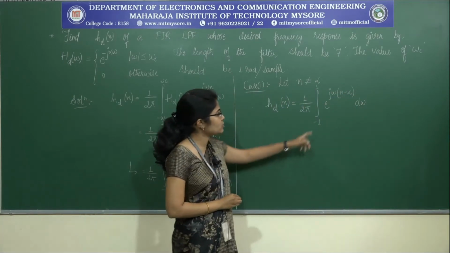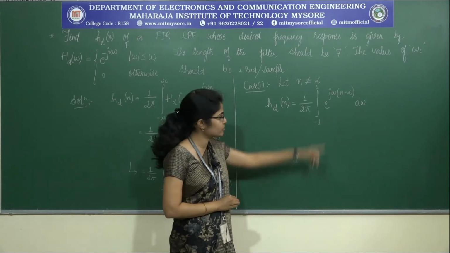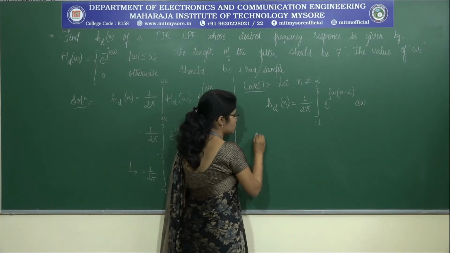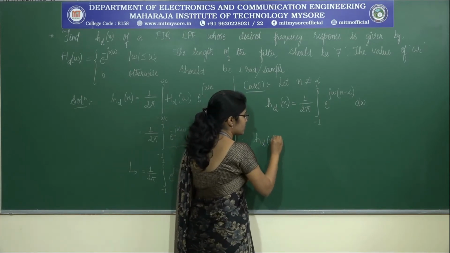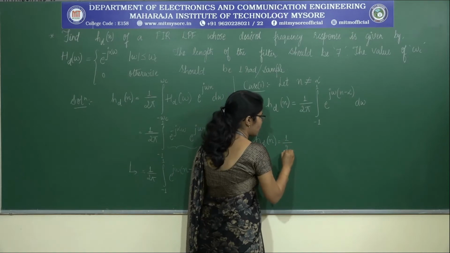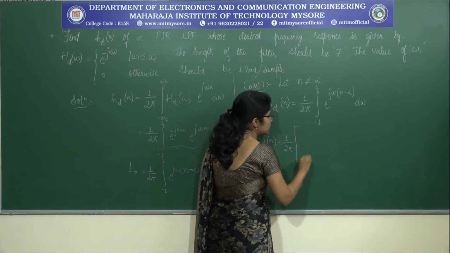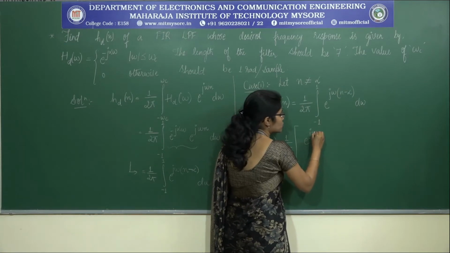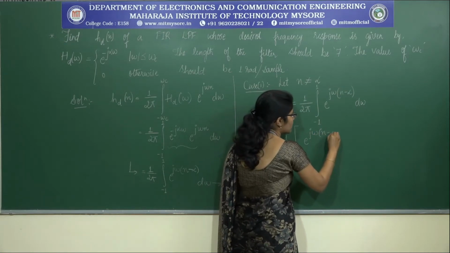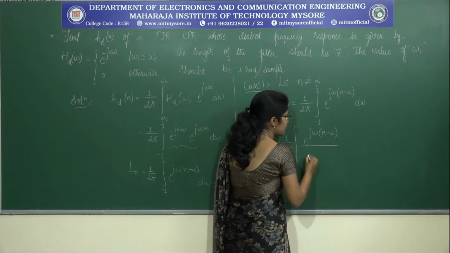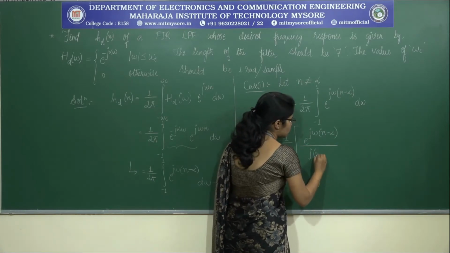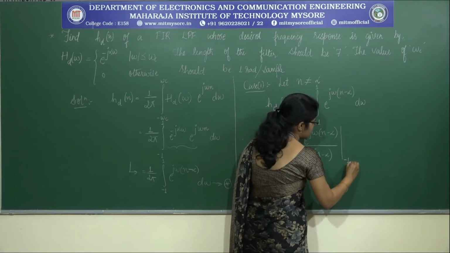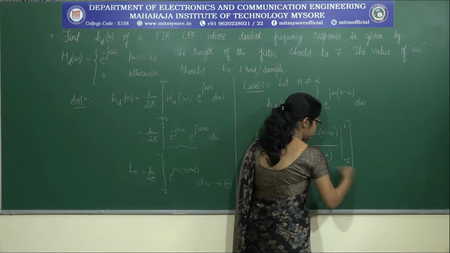Now, I should integrate this exponential term with respect to omega. If we integrate, hd of n will be equal to 1 by 2 pi into e power j omega into n minus alpha divided by j into n minus alpha, under the limits minus 1 to plus 1.